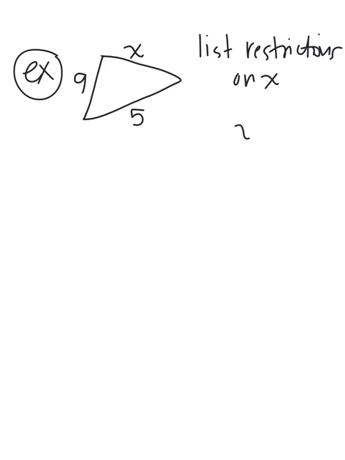So x has to be between two numbers. The biggest number that it can possibly be is, let's see here, 9 and 5 added together. So the biggest number it can be is 14. The smallest number that it can be is 9 and 5 subtracted. 9 minus 5 is 4.